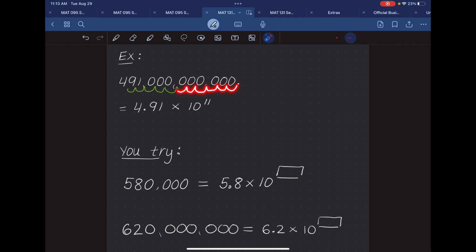So if you count how many times we move our decimal point, that would be 11 to get it to where there's only one digit in front of it. And that's one of the things you need to know about scientific notation: we only have one digit before the decimal point, and then the rest of our digits go behind. And then we'll have times 10 to some power.